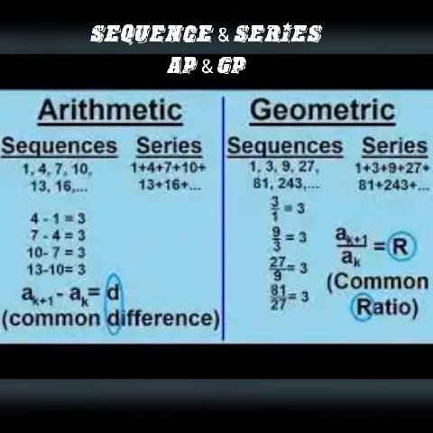Now, question number 2 that we also have to solve goes like this. Find A, the common difference, B, the nth term, and C, the 8th term of the arithmetic progression 16 plus 13 plus 10 plus, and so on.